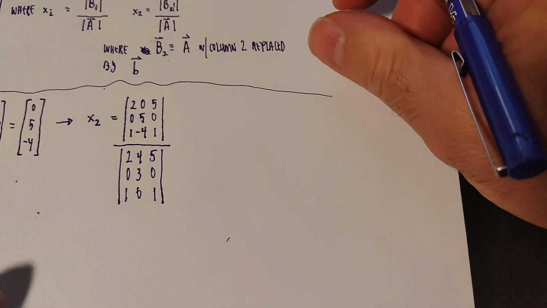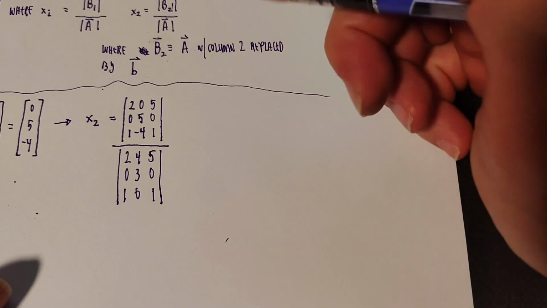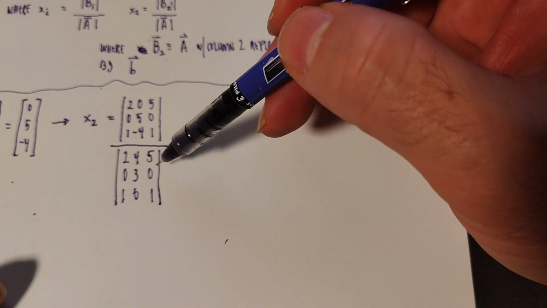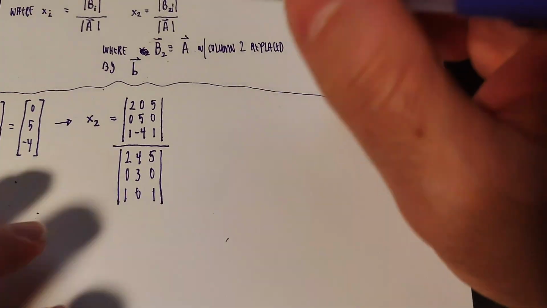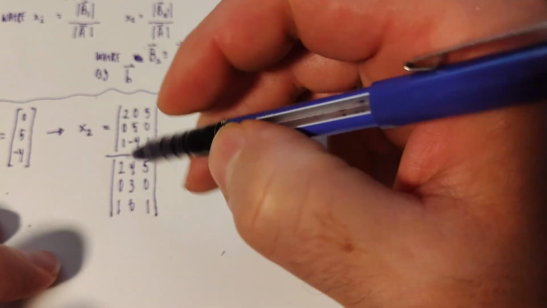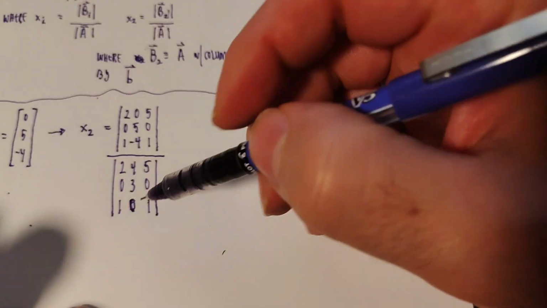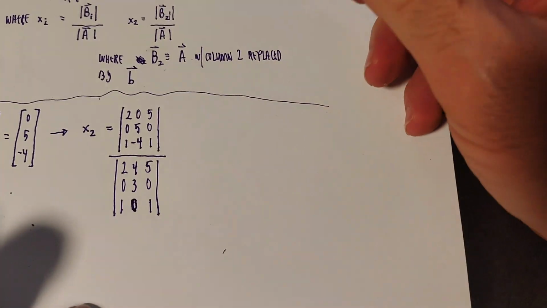All right. I think we already have done the determinant for this. If I remember correctly, it's -9, but we can always double check. Why don't we expand across the bottom row?